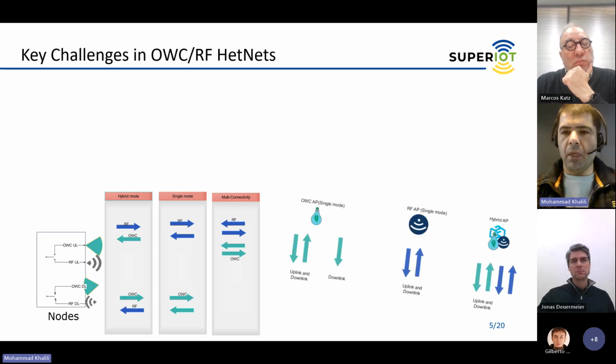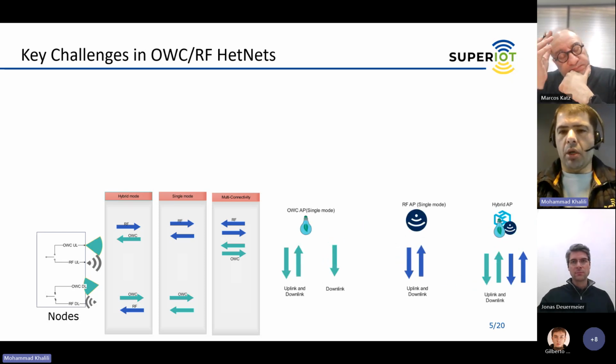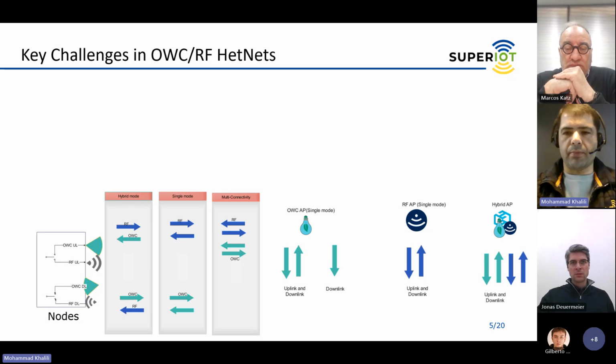Also, in access points, we have different categories of access points. Some traditional access points are only RF. Also, we can have OWC single mode access points that only provide communication using the optical spectrum.